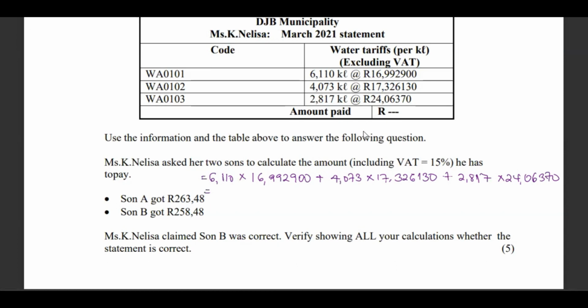We shall multiply. The first one is 6,11 times 16,992900 plus 7,73 times 17,326130.